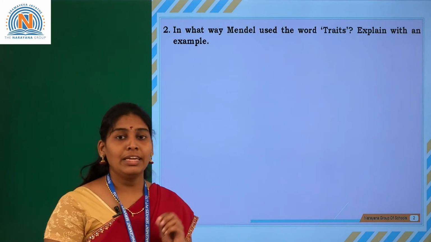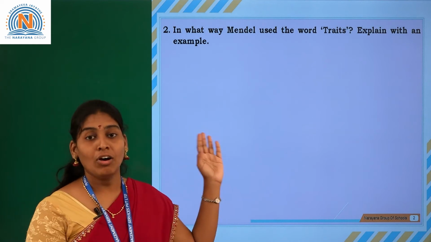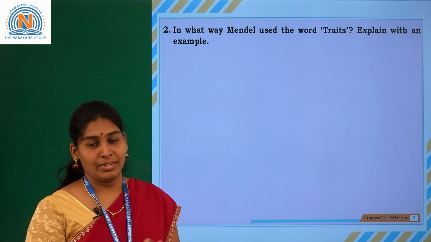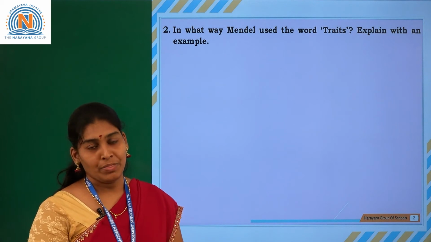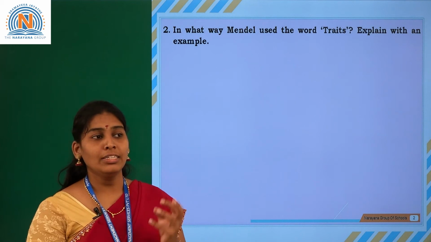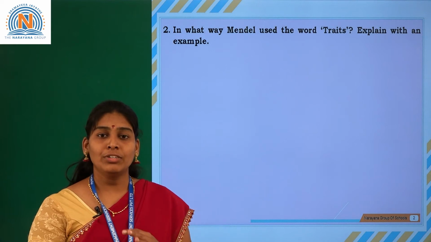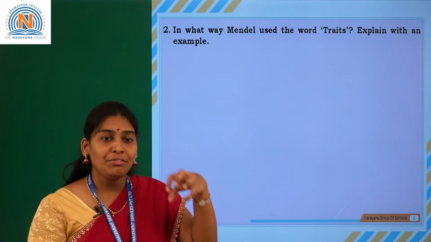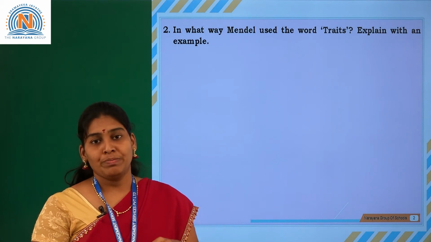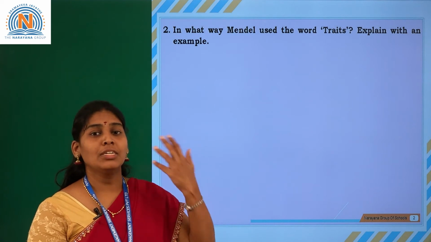Here we can take trait as one of the variants in organisms. In organisms, a variant means a character we can take. What Mendel thought was that all these variations pass from one generation to another, so that a trait may be present in a particular population or group of organisms.